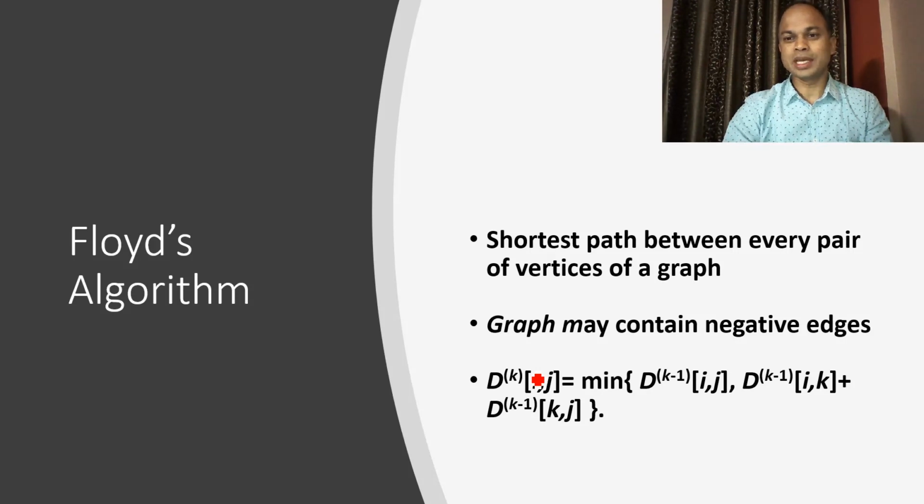This is given by the minimum of d^(k-1)(i,j), I mean the distance from i to j, and d^(k-1)(i,k) plus d^(k-1)(k,j), that is i to k then k to j. In this way we are calculating the distance.